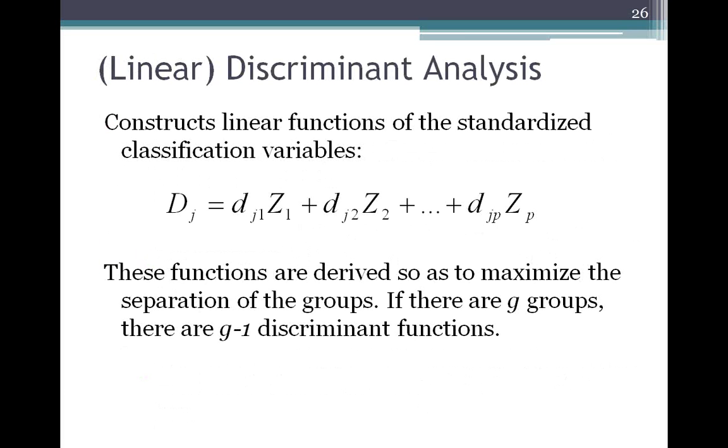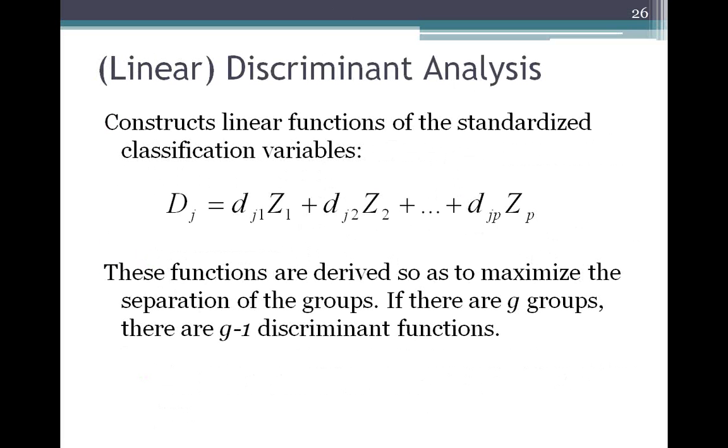their standard deviations. The nice property of the standardized classification variables is then you can look at the coefficients in the discriminant function and determine just how important a particular variable is with respect to that discriminant function.